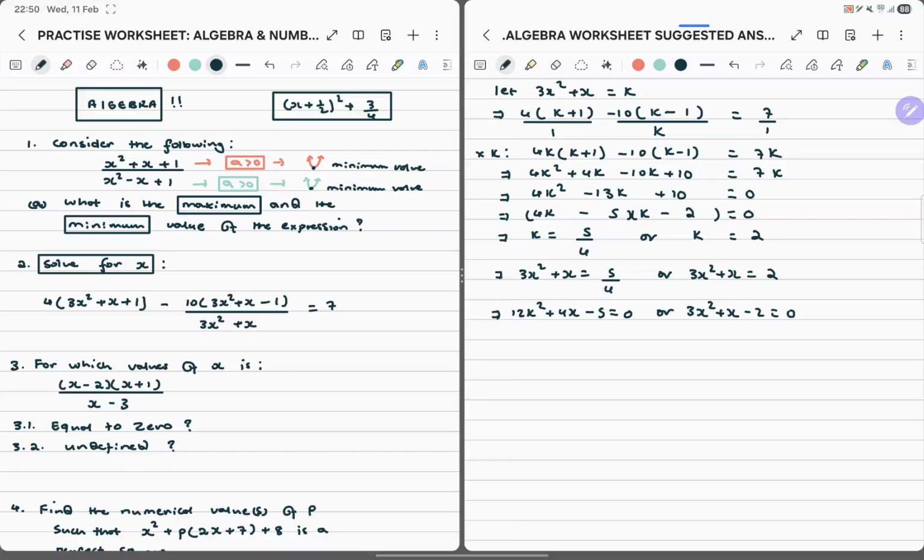Now, again, folks, we can attempt to factorize or use the quadratic formula. You never know which one is which. But let's just check the discriminant on each before we waste our time. So the discriminant is 4 squared minus 4 into 12 into minus 5. So this is 256.